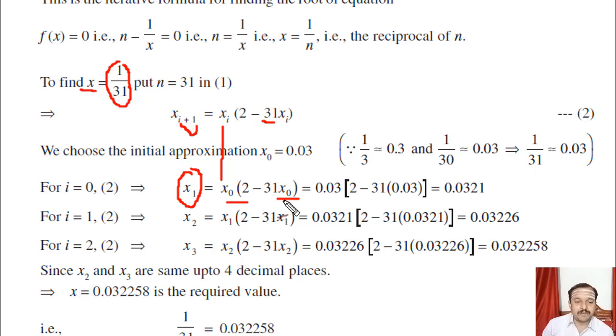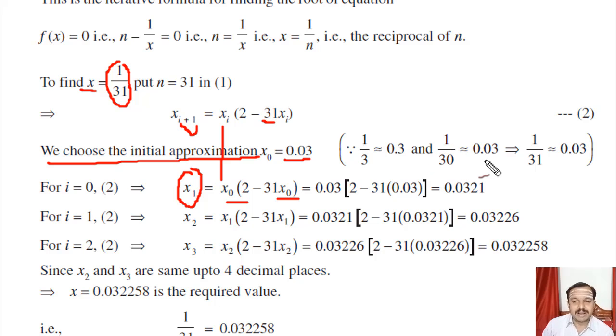What actually is x0? That is very important. We have to choose the initial approximation x0 equal to 0.03. Why is it so? Please observe something I have written over here. 1 by 3 is 0.3, we all know. 1 by 3 is 0.3, 1 by 30 is 0.03.